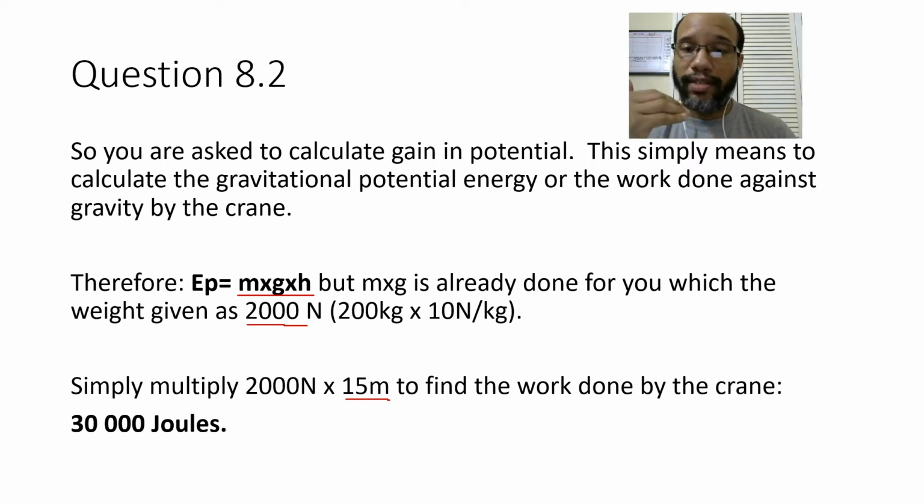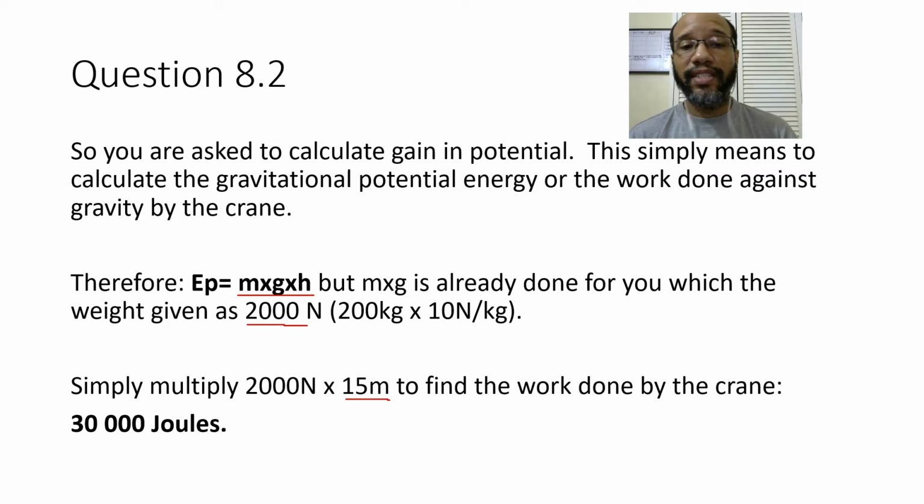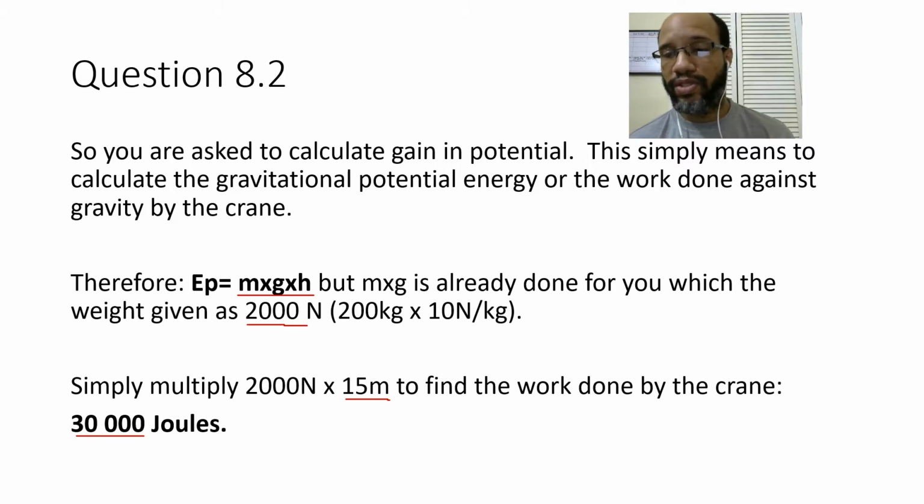And work done is force times distance in the direction of the force. So, since they have already given you the weight of the cement, simply use that as your force, 2,000 newtons, and then you know the distance through which it is lifted, it is 15 meters. So it will be 2,000 newtons times 15 meters, which will give you a final answer of 30,000 joules.